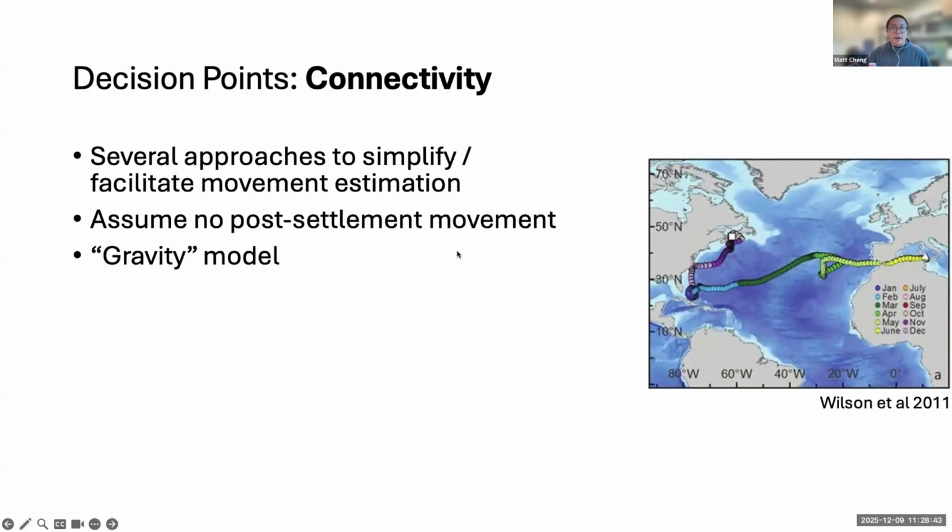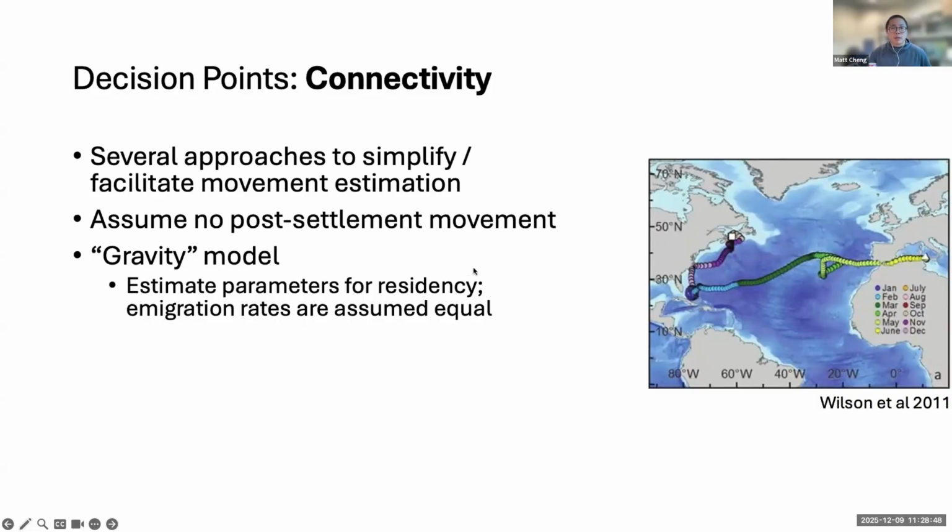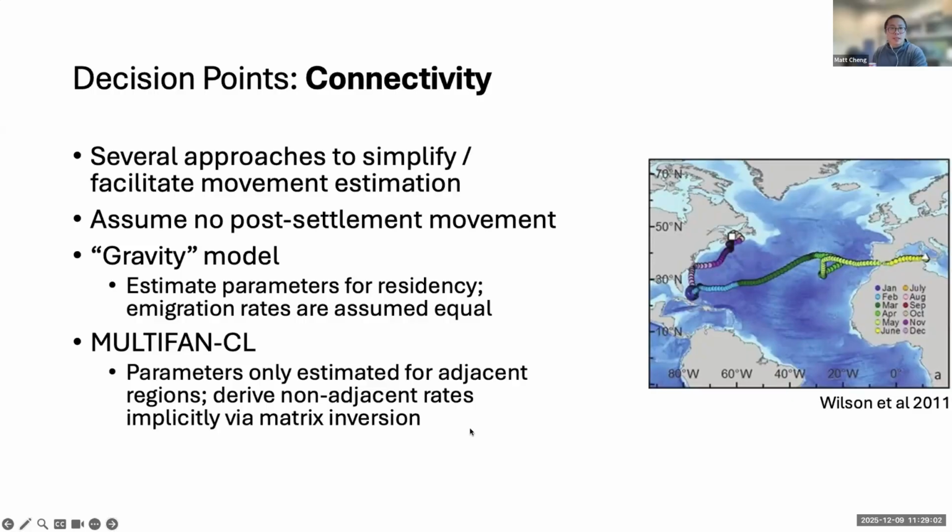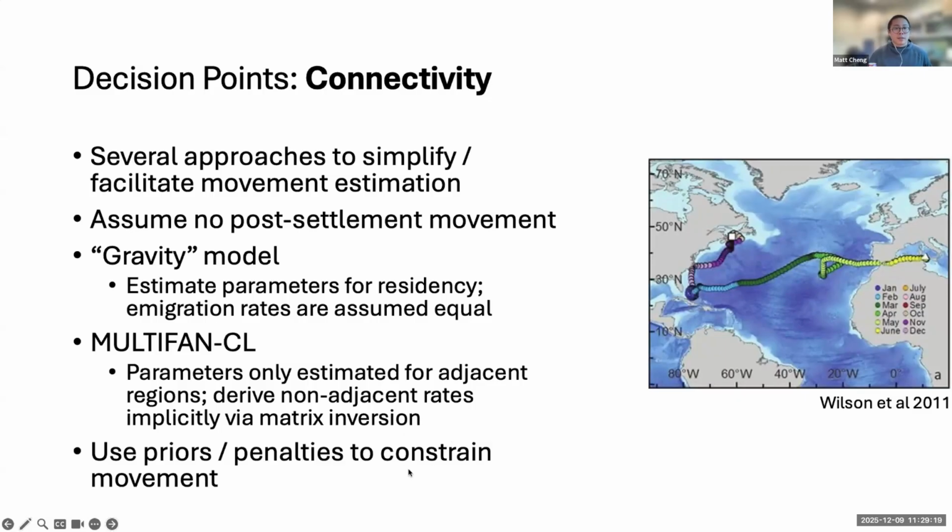We might also have options to implement a gravity model where essentially we're estimating parameters for the diagonal of a movement matrix, so all of the residency rates, and then we fix the emigration rates or assume they're equal given the estimated residency. The multi-fan-CL essentially estimates parameters only for the adjacent regions. So essentially you define an adjacency matrix, and then you derive the non-adjacent rates based on matrix inversion. And then you can also use priors and penalties to constrain movement.